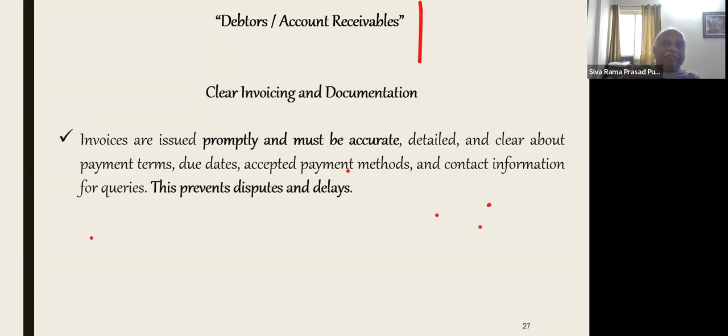So that's why debtors and account receivables are one of the important assets to be handled by the IRP or RP, by interacting with the marketing people, the finance people, the law officer, and the collection agents of the particular company.